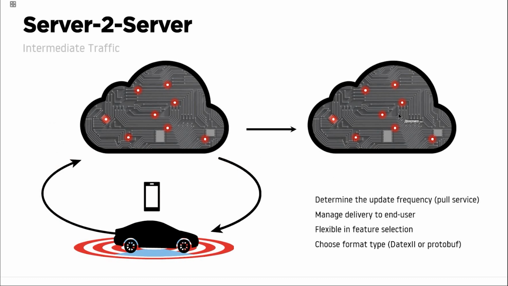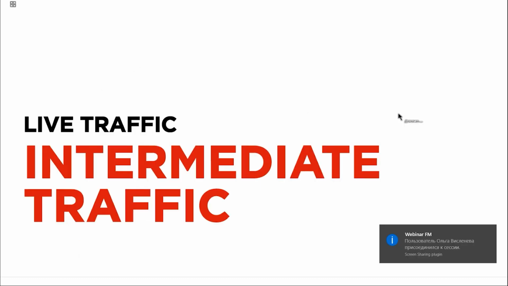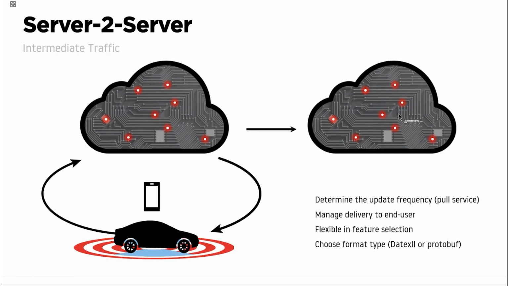So, intermediate traffic. I'm changing the slides a little bit slowly because I don't know if you can see it. So we're going to talk now about intermediate traffic, and basically it is our server-to-server delivery. From the TomTom cloud, we send it to the company server, and then the company receives all the content and needs to deliver it to their end user.